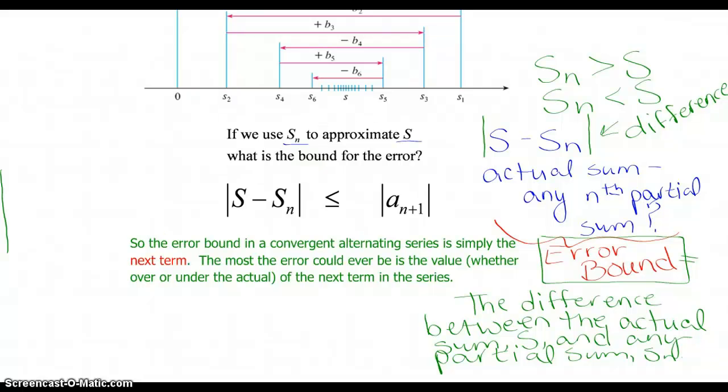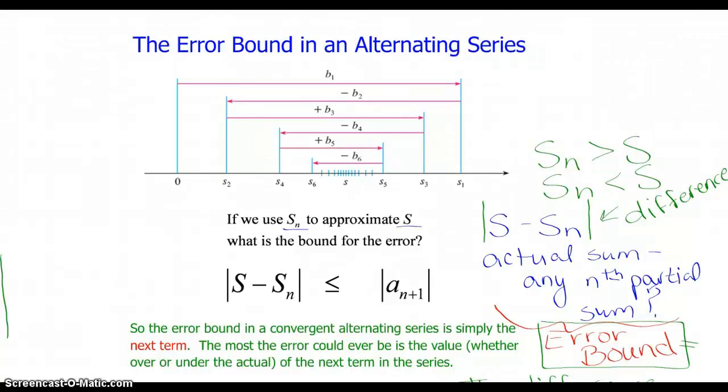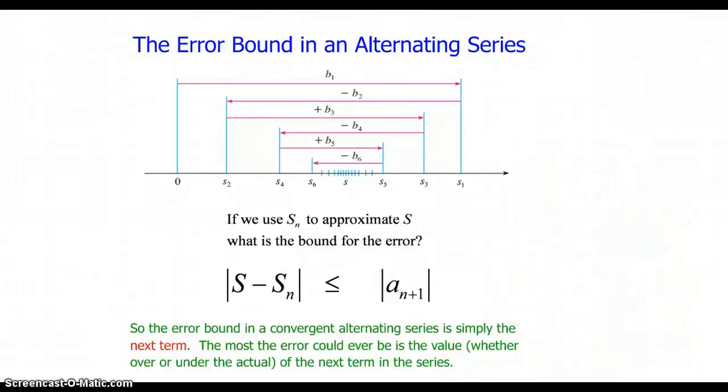So let's go back and look at what they have set up here for us, and let's see if we can determine what the difference could be. What is the difference between the second partial sum and the first partial sum? Well, we said the first partial sum was b sub 1. We said the second partial sum was b sub 1 minus b sub 2.